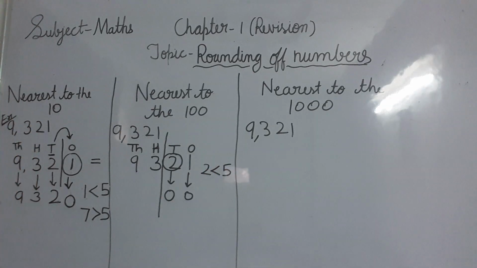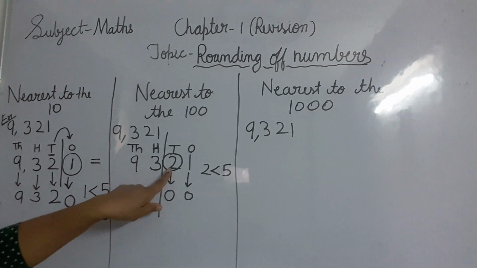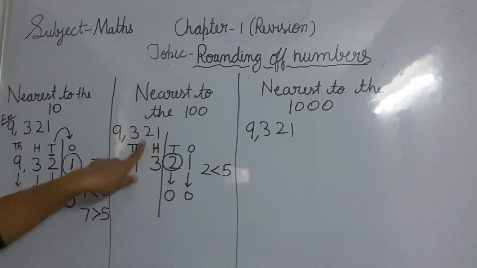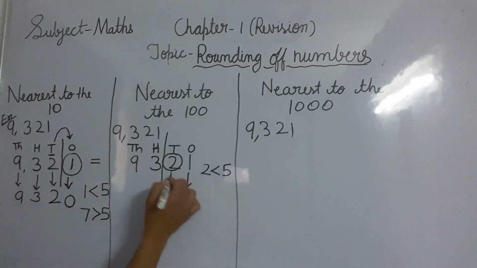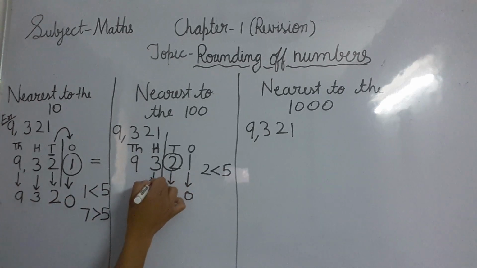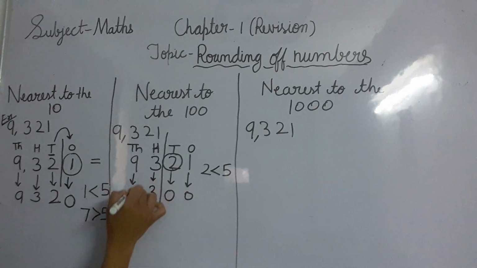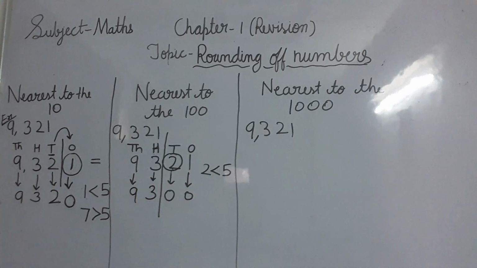Yes, it is less than 5, so the rest of the numbers will not change. If it is equal to 5 or greater than 5, then we add 1 on the 100 place. Clear? This time it is less than 5, so we will not change any number. We'll write the remaining numbers the same.